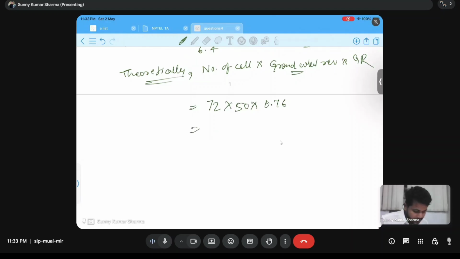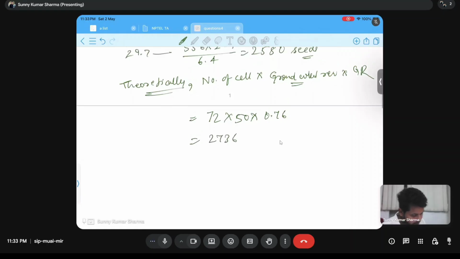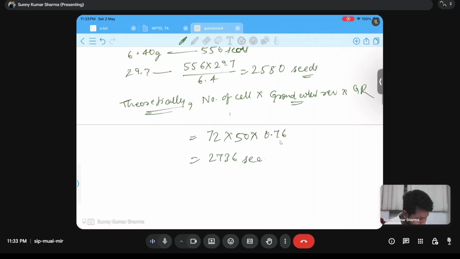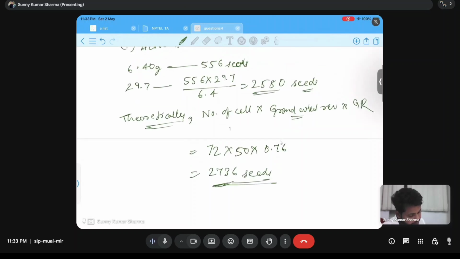Multiplying 72 into 50 into 0.76, we get 2736 seeds. So theoretically we need to get 2736 seeds, and actually we are getting 2580 seeds.